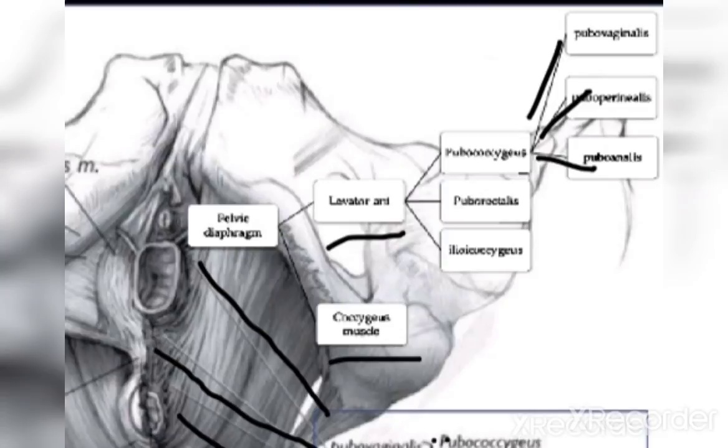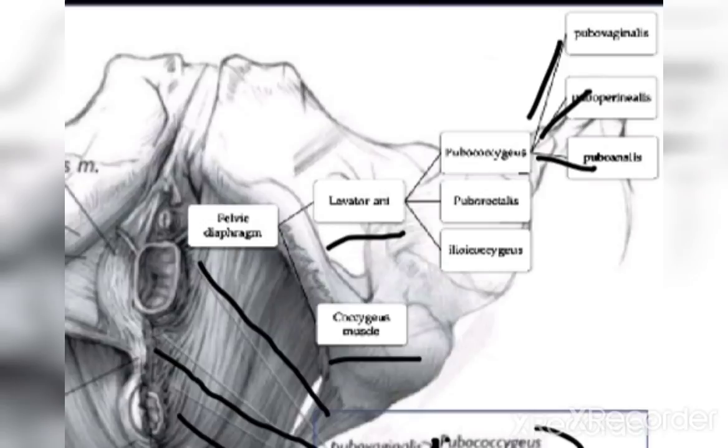So all these three together form the pubococcygeus muscle, which is also called the pubovisceral muscle. Then puborectalis and iliococcygeus. All this together forms the levator ani muscle.